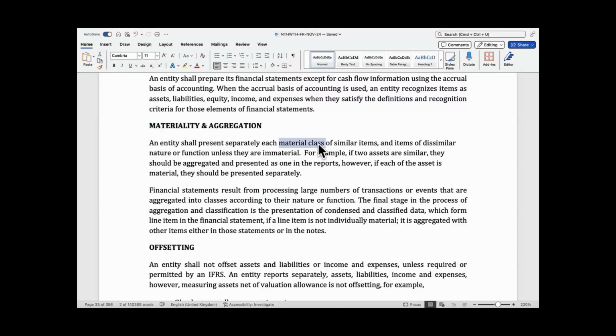A material class of items that are material and similar, you need to present those ones separately. So any items that are material and similar, present them separately. And items that are dissimilar and are immaterial, especially if they are immaterial in terms of their value, you can aggregate those ones together.